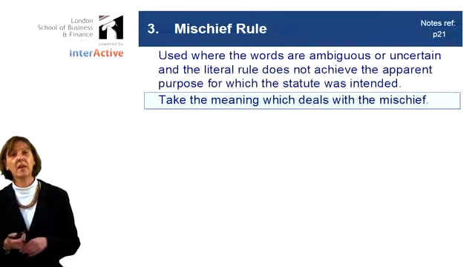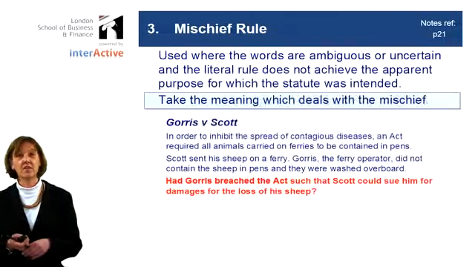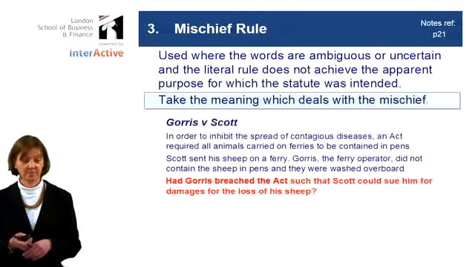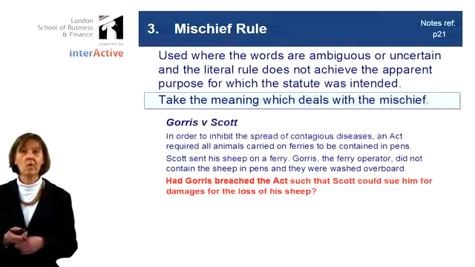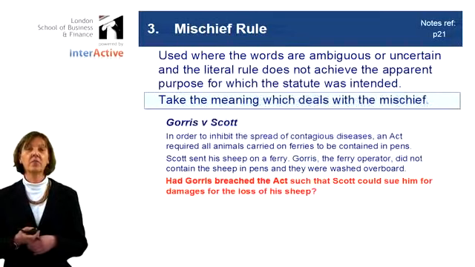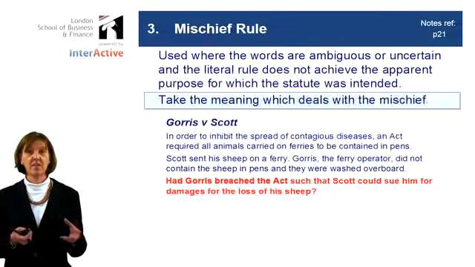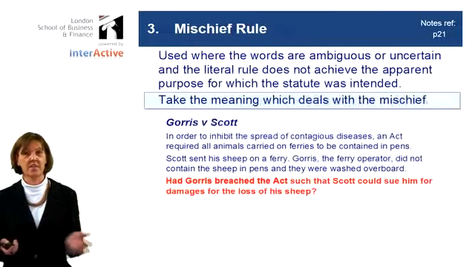A very well-known case here is Smith v Hughes... Actually, a well-known case here is Generis and Scott. There was an Act of Parliament which required animals carried on board ferries to be contained in pens. They weren't allowed to wander free on the deck of the boat.